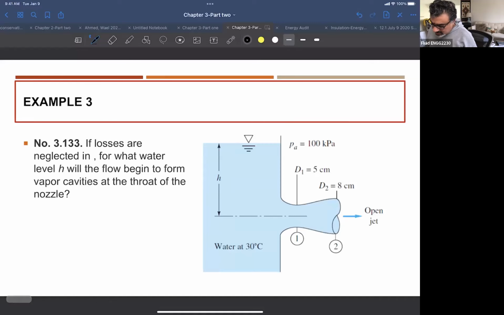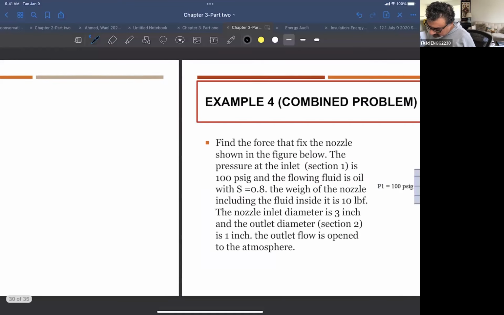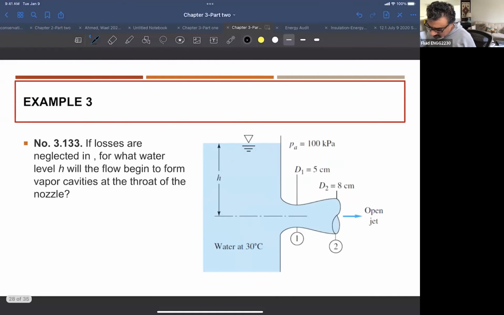Okay, so another example. Let me just see what else I have here. I can let you solve the last one yourself, but let's finish this one because it's a very important example. I have a pipe, a tank and a jet, and this jet is going like this.